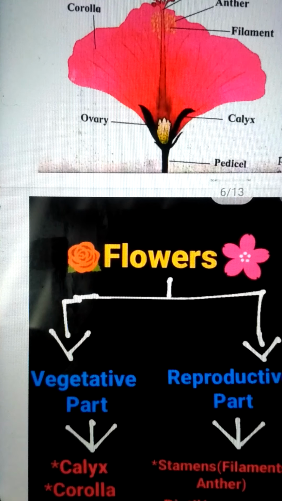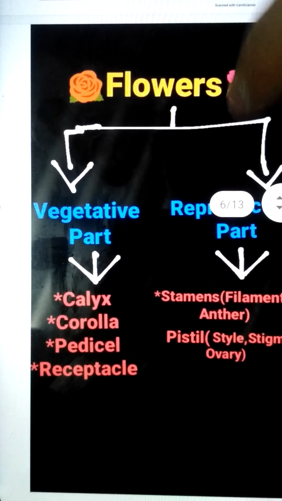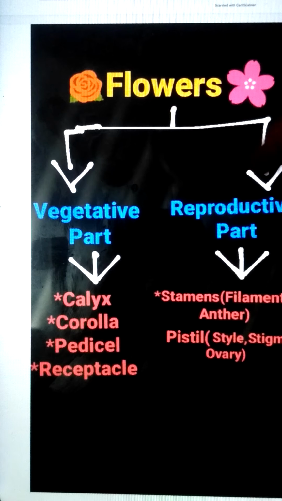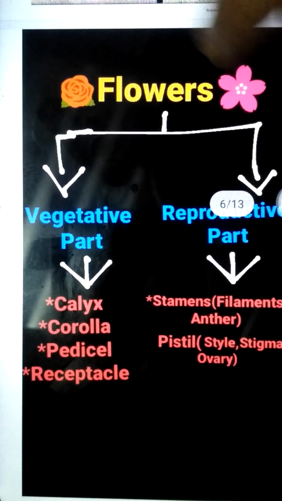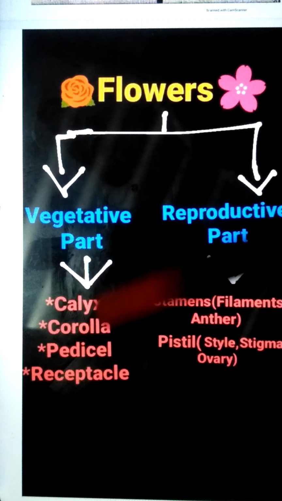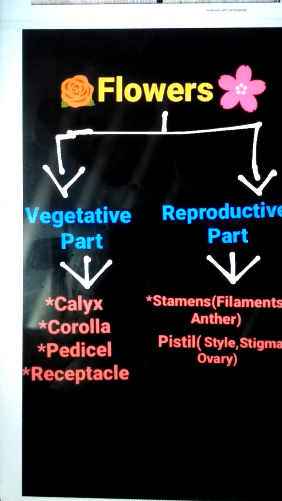in more detail. See, flowers. In flowers, see, flowers have a vegetative part and a reproductive part. So the vegetative parts of flowers are what? Calyx, corolla, pedicel, receptacle. Receptacle is what?